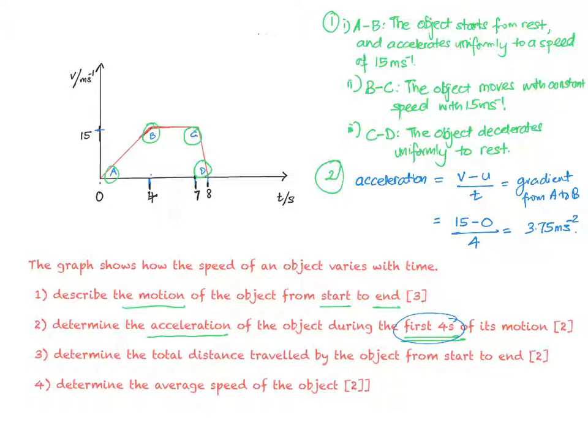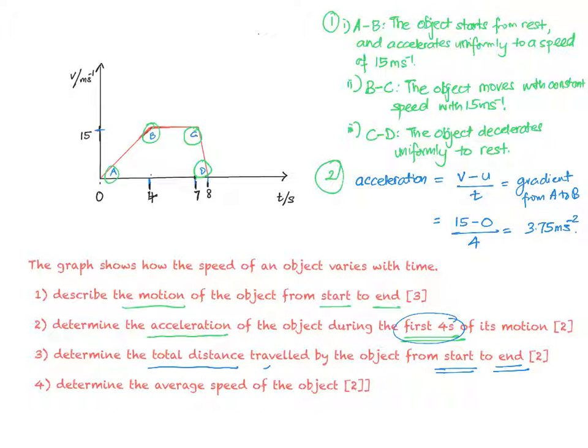Now, the third part says determine the total distance traveled by the object from start to end. So basically they want to know the total distance covered from A, B, C, D during the time frame of 8 seconds.